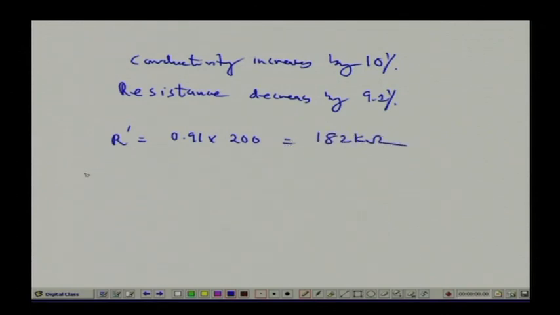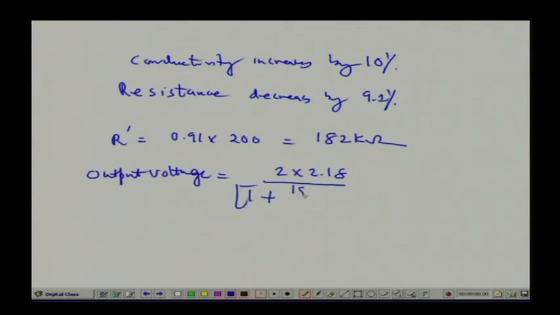So, the output voltage will be equal to 2 multiplied by 2.18 upon 1 plus 182 into 10 to the power 3 divided by 2.2 into 10 to the power 6, like this one. So, this will give you 4.026, right.